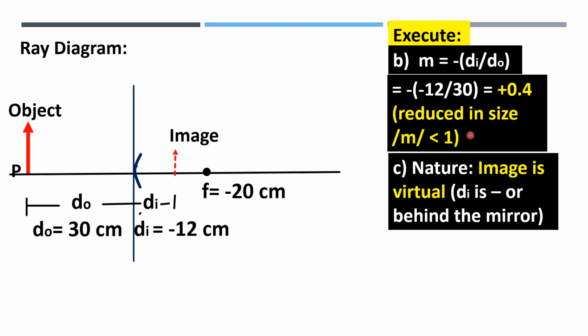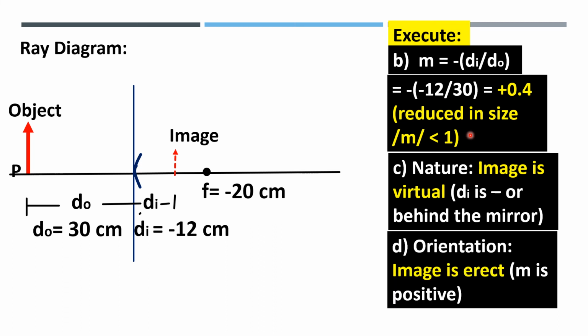Also, the image is virtual, because once again, the computed di is negative, or that is behind the mirror, and that's why we say that the image is virtual. For the orientation, we base it on the sign of our computed magnification, which is positive, and we therefore conclude that the image is erect or upright, and that is shown also in our ray diagram.